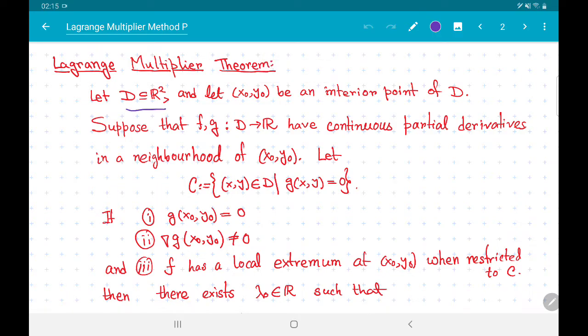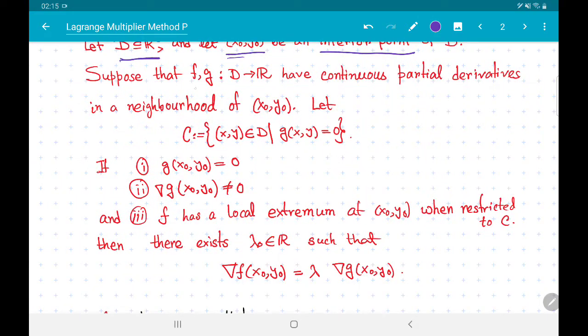Suppose that D is a subset of R2 and x0, y0 an interior point of D. Suppose we have two functions f and g from D to R that have continuous partial derivatives. Remember, they should have continuous first order partial derivatives in a neighborhood of x0, y0. And suppose that C is the set of all points x, y where the second function g vanishes. In our previous example, it is simply the unit circle.